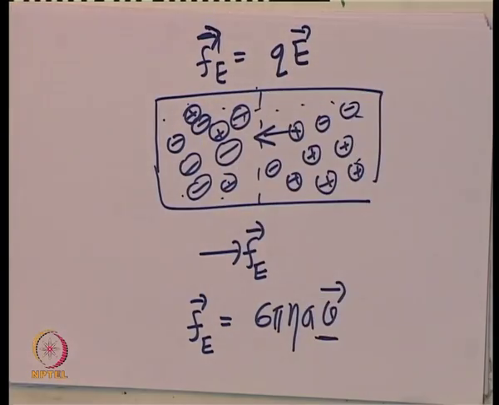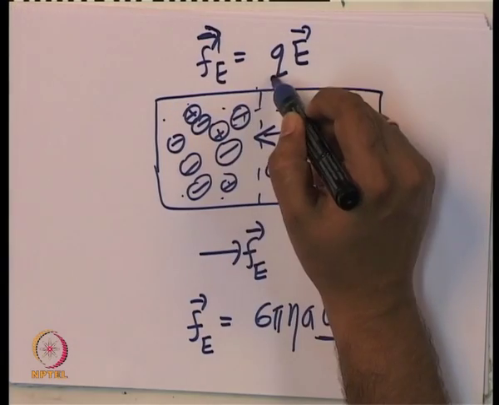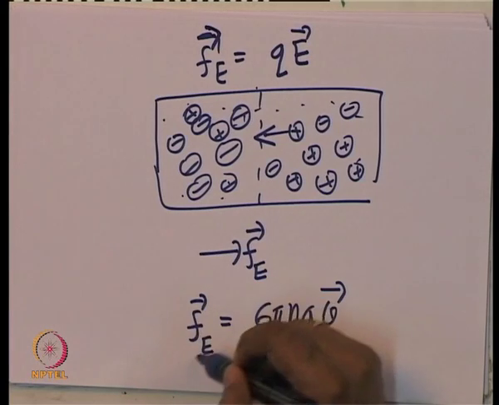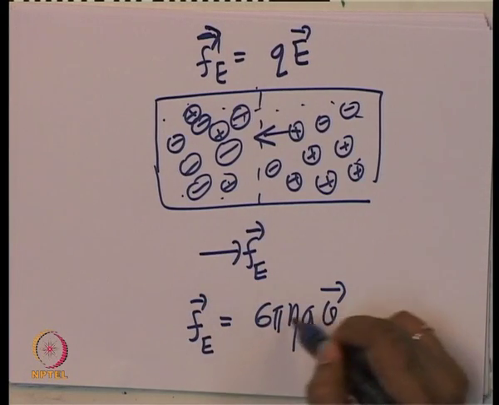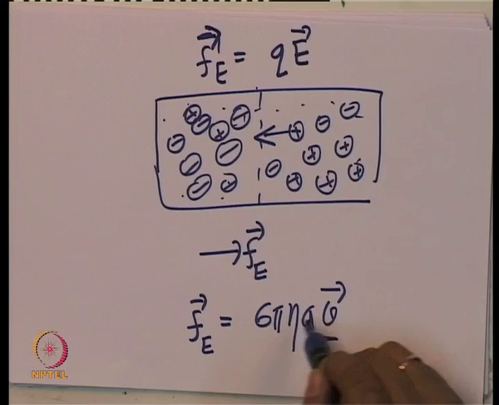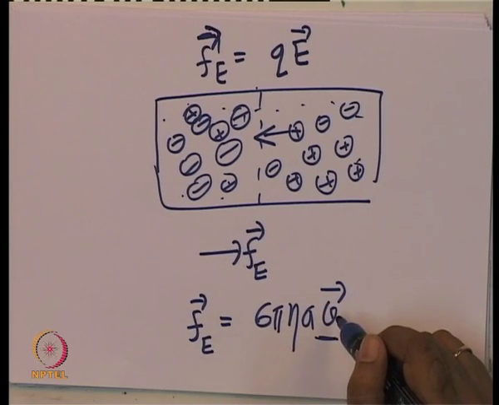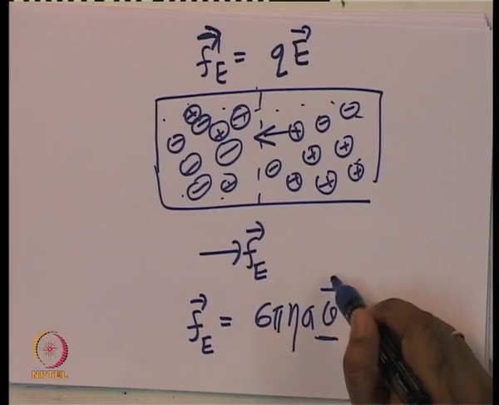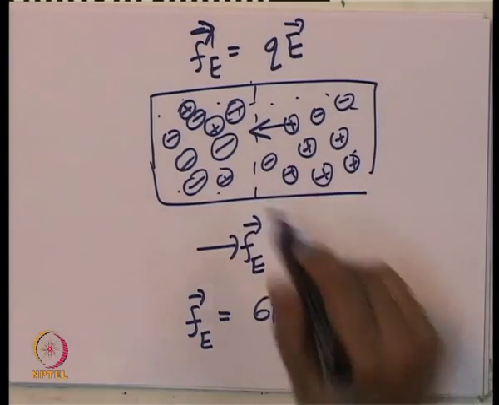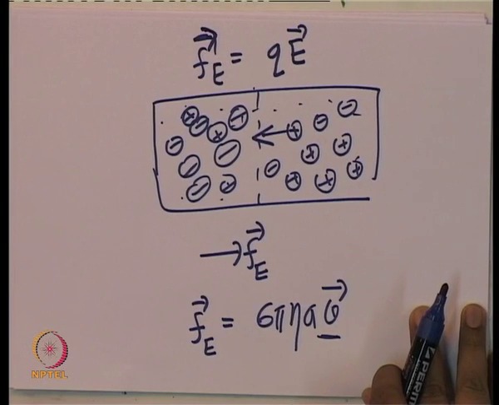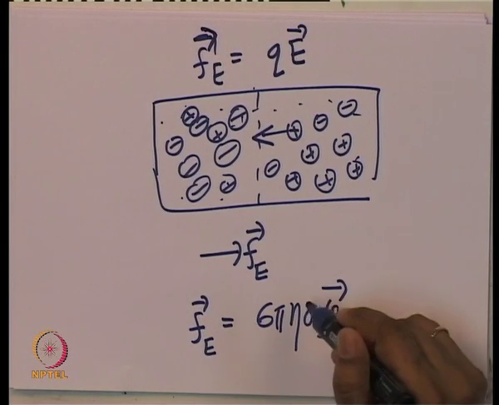This force will be equal to 6 pi eta a v, because there will be friction. So, the velocity of the flow will be given by this.